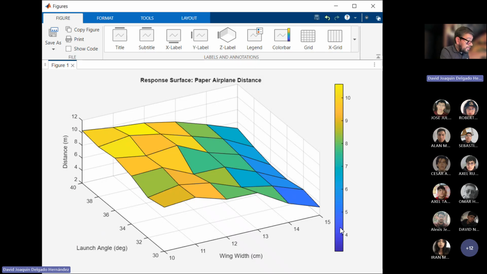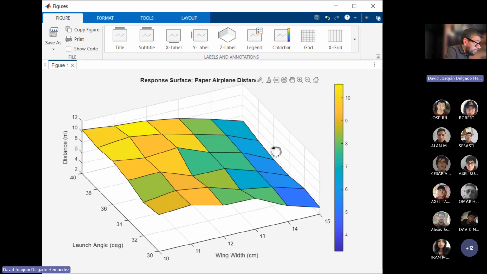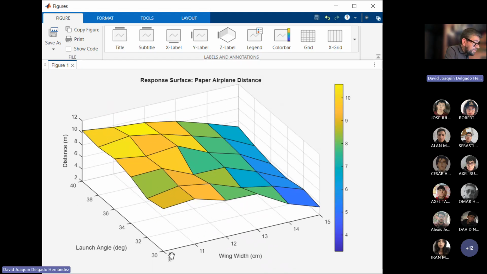So, you can see, right, the color blue represents very small distances, and the yellow color represents long distances. Okay, so if we are looking here, they are not changing a lot because this is very close together. So you have 10, 11, 12, 13, 14, 15.